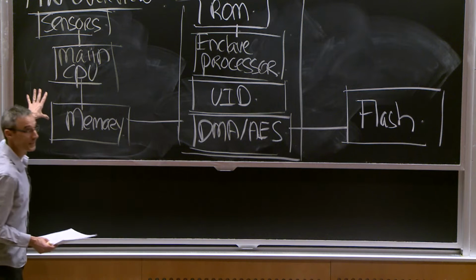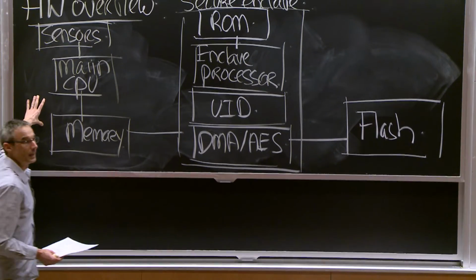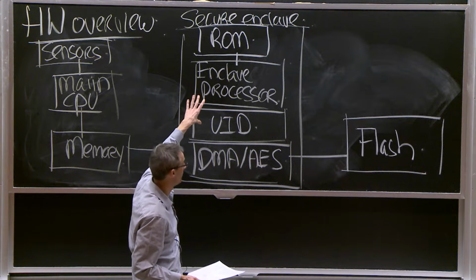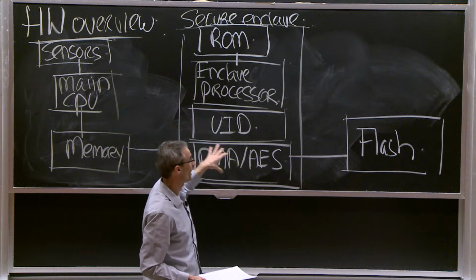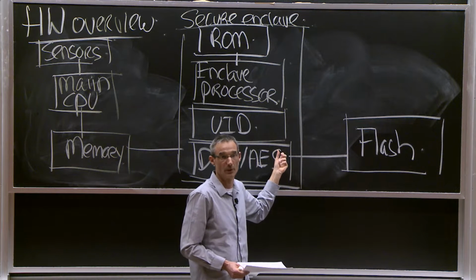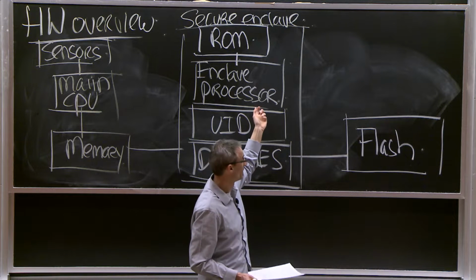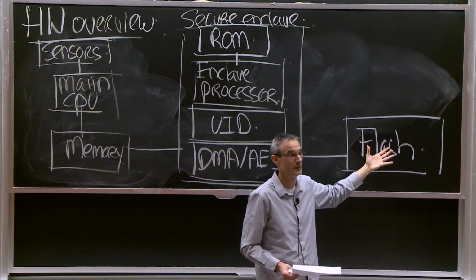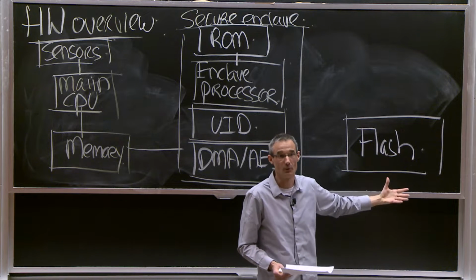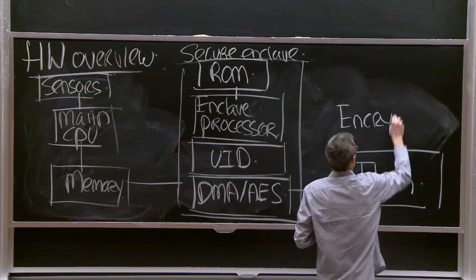And so the operating system itself that runs on the main CPU, iOS, has no access to these keys. Only the enclave processor, the secure enclave area, has access to this chip. And this guarantees that as the data flows from memory into the flash, the data is always encrypted with the keys that are set up by the secure enclave processor. And the basic idea is that now you can't really look at the data that's inside of the flash and deduce what's in it, because the data is encrypted. So this is going to be encrypted storage.